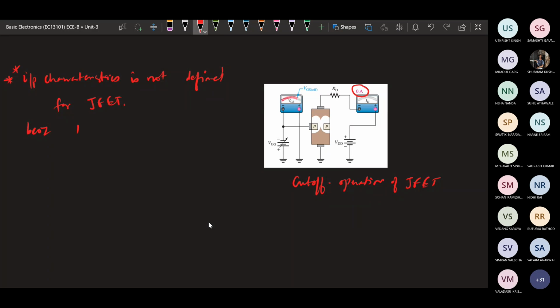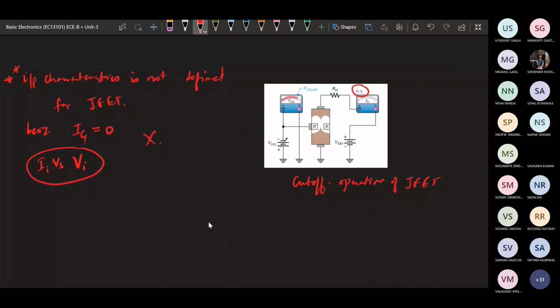So in that case, IG, the gate current, is always 0. In input characteristics we were plotting the input current versus the input voltage, but here in case of JFET, the input current is always 0. So there is no gate current, and that's why the input characteristics are not plotted in case of JFET.